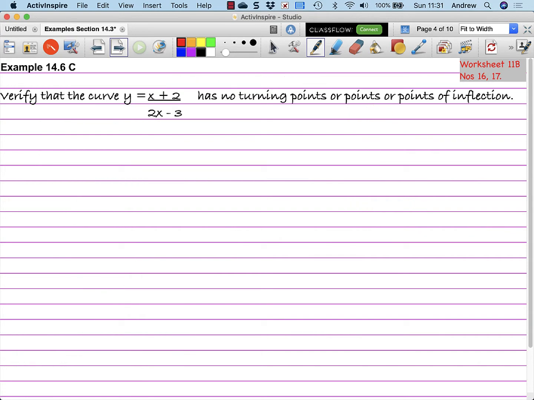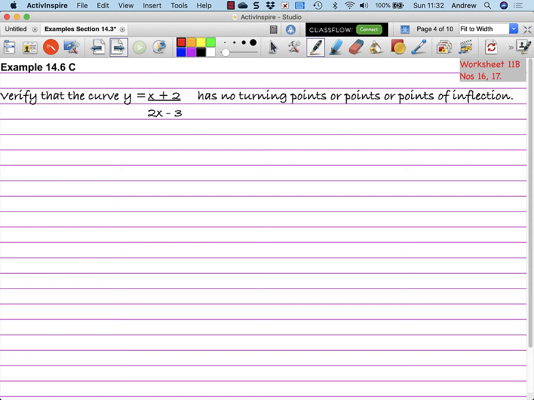Okay, we've got to verify that the curve y equals x plus 2 divided by 2x minus 3 has no turning points or points of inflection. So what do we know about turning points?